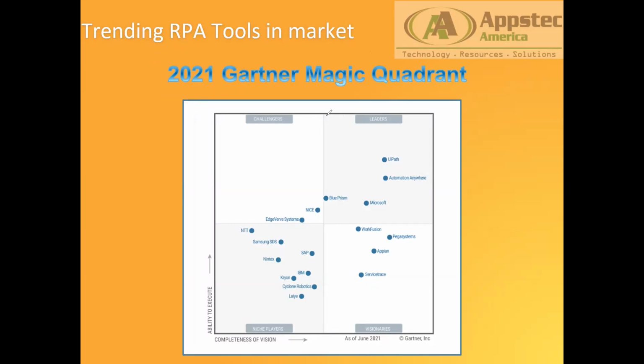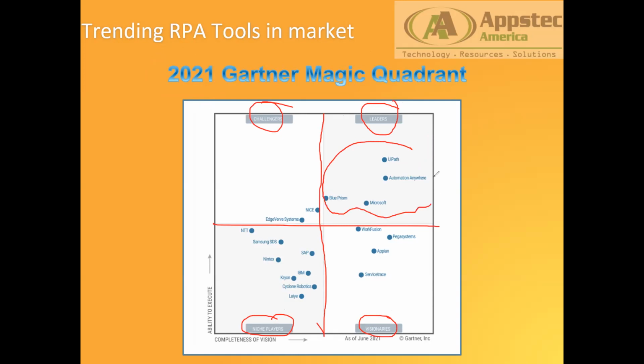If you see here, they have created a quadrant, and they have named it leaders, challengers, niche players, and visionaries. Leaders means these companies are already excelling in the RPA world.